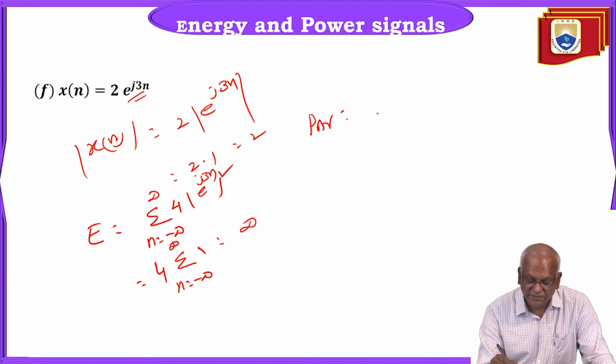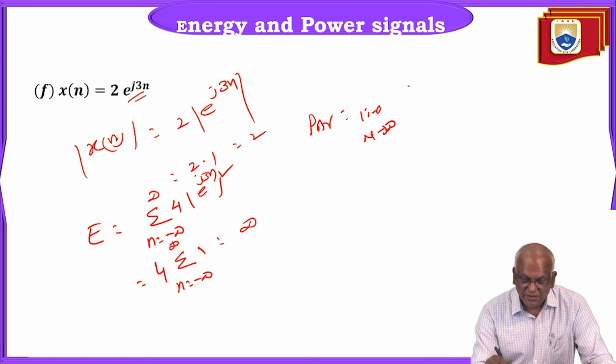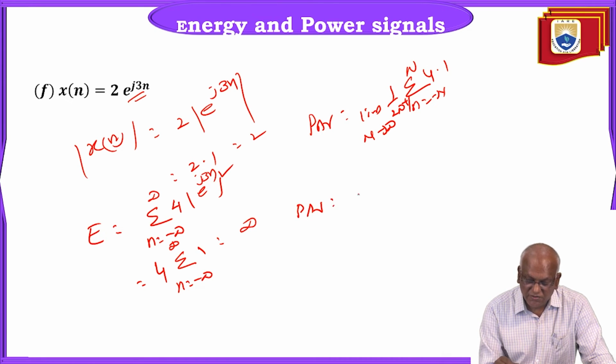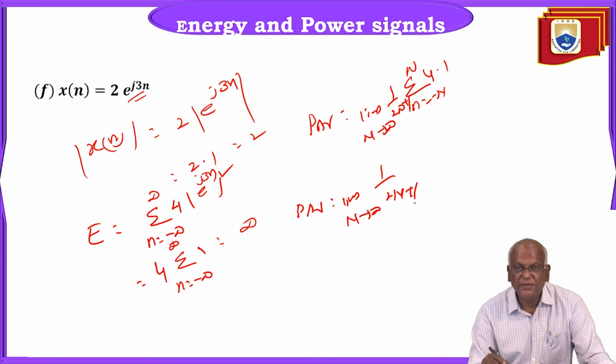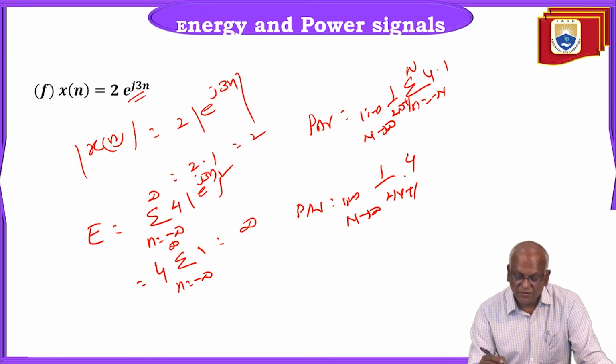P average is the limit as n tends to infinity of 1 divided by 2n plus 1, times the sigma from minus n to plus n of 4 times 1. This becomes 4 times 2n plus 1 over 2n plus 1.